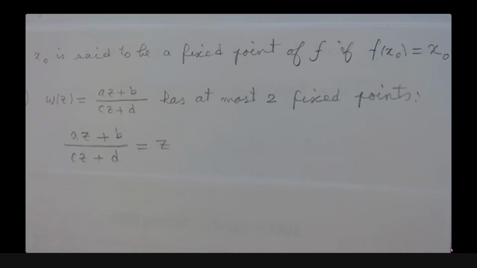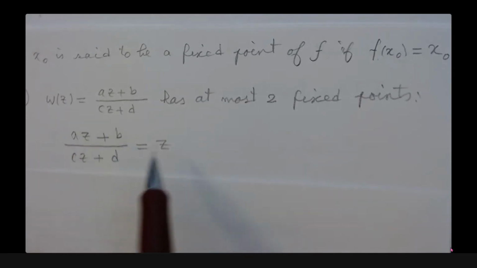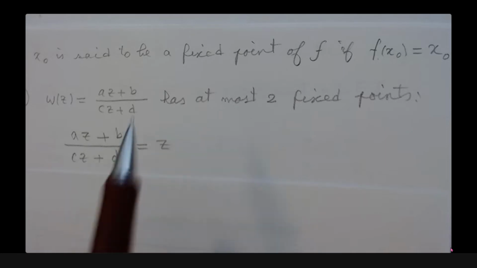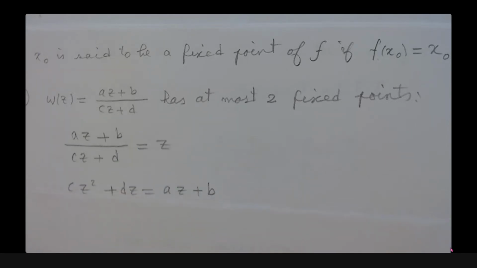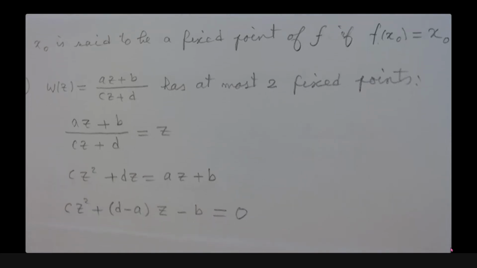And by the way, this is the technique in finding fixed points. So here's the function. We want it to be equal to z. After you cross multiply, you will get cz squared plus dz equals az plus b, all right? Bring everything to one side, and you will have a quadratic equation.